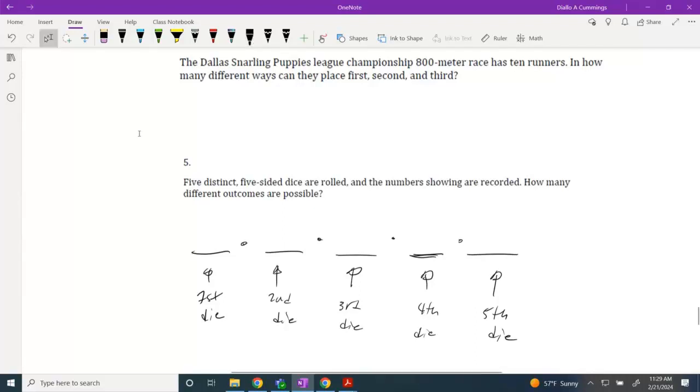Okay. So now notice this is not asking for a probability. It's asking for how many outcomes are possible. So whenever you see this, how many outcomes are possible, one of the things you should think is this fundamental counting principle.